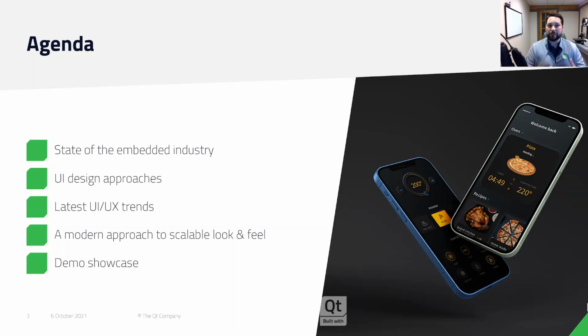We'll talk a bit about the latest UI UX trends that have been relevant in 2021 and going into next year, 2022. And then we'll cover this modern approach to a scalable look and feel using Qt. And lastly, we'll wrap it all up with a smart oven demo that covers multiple platforms and incorporates a bunch of these UI UX trends.